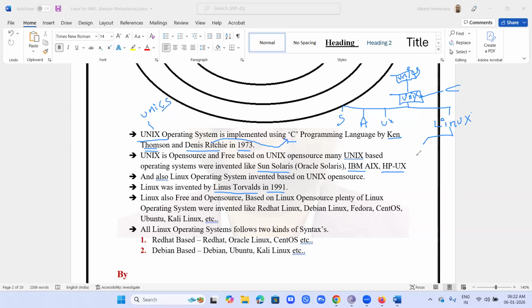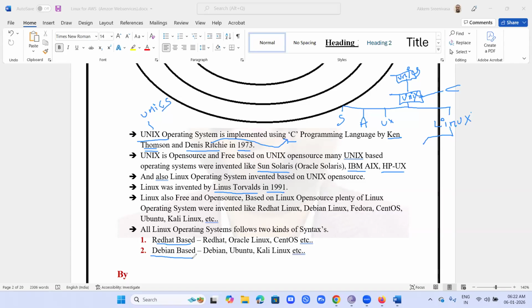I said 300 plus active Linux operating systems are available in the market. All these follow two kinds of syntaxes: Red Hat based syntax or Debian based syntax.